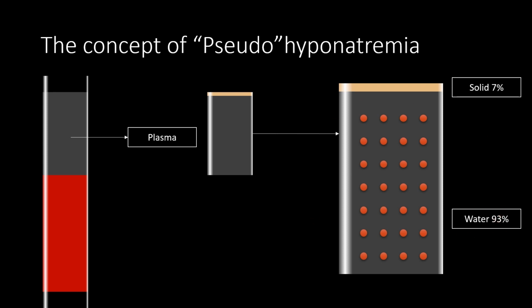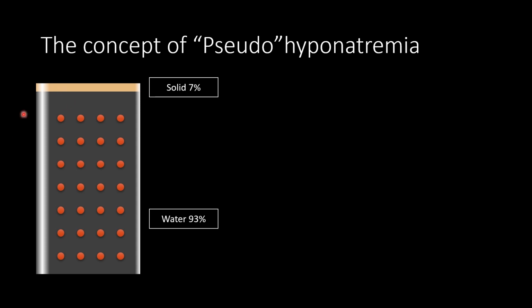For example, imagine that this is 100 ml. Out of that, 93 ml is water and solid is 7%, and the sodium present is around 31 gram. So 31 gram of sodium is present in 93 ml of water, which means every 3 ml of water contains 1 gram of sodium.